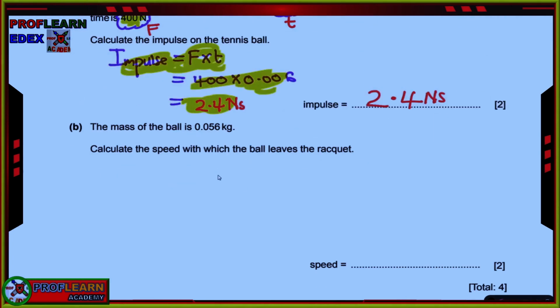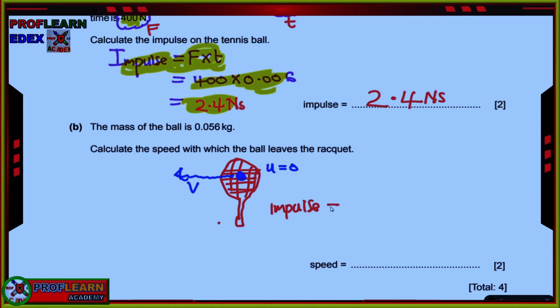The mass of the ball is 0.056. Now we are supposed to work out the speed at which it leaves. So we can use impulse is equal to change in momentum. This is the racket, and the ball will be leaving at v meters per second, but the initial velocity when the ball was on the racket would be 0 meters per second.